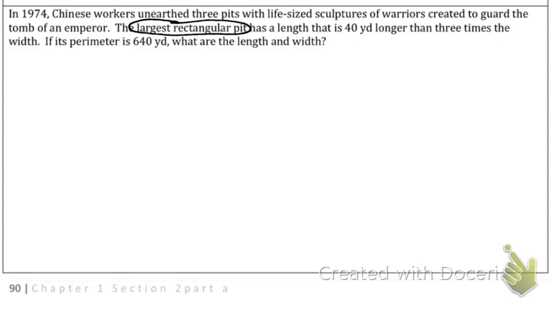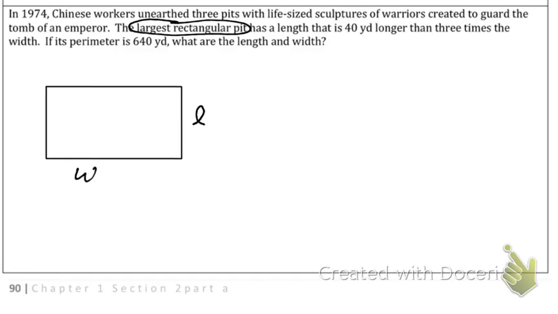So let's go ahead and draw a rectangular pit. A rectangle has two sides. Well, it's got four sides, but we narrow them down to a length and a width. I actually want the width up here because the length is longer than this one.